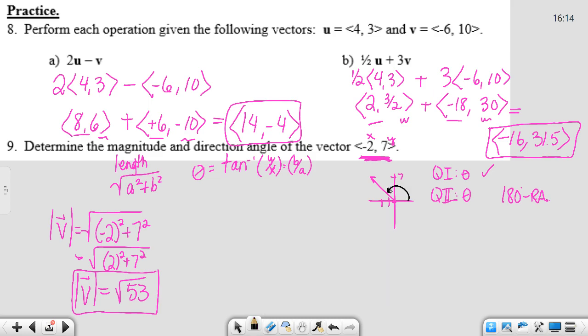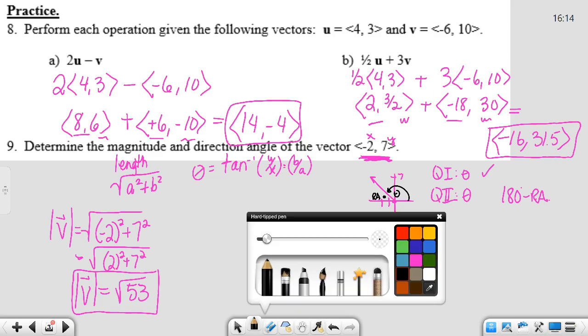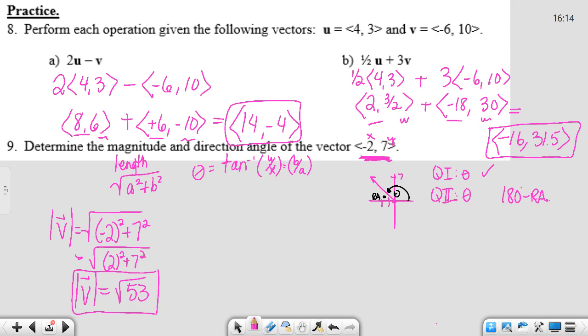I'm looking for theta, but I need to use the reference angle on the other side, that distance up from 180 to solve. I'm going to list the others so you have all of them for any other examples. In quadrant 3, to find our theta, remember in quadrant 3 we'd be a little bit past 180, so I have to do 180 plus the value of the reference angle, and that graph would look like this, and our reference angle would be this little guy right there.